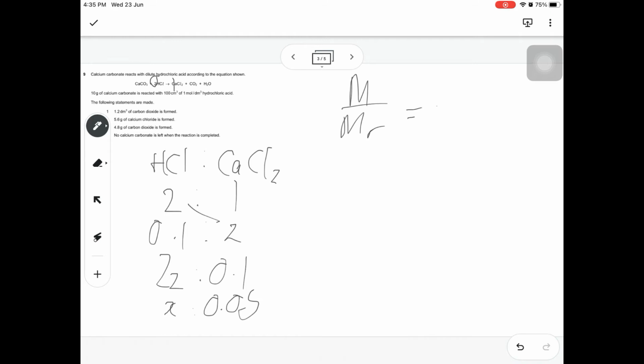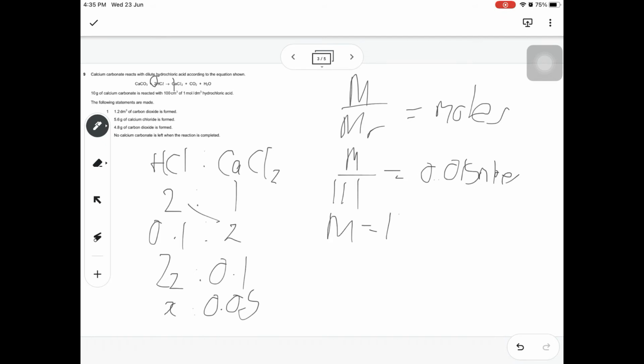So now using the formula, mass over Mr, which stands for relative molecular mass, equals moles. The relative molecular mass of calcium chloride is 40 plus 35.5 plus 35.5, which is 111, equals to how many moles? To 0.05 moles.